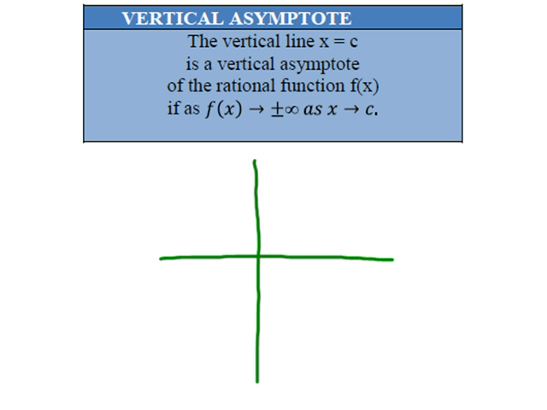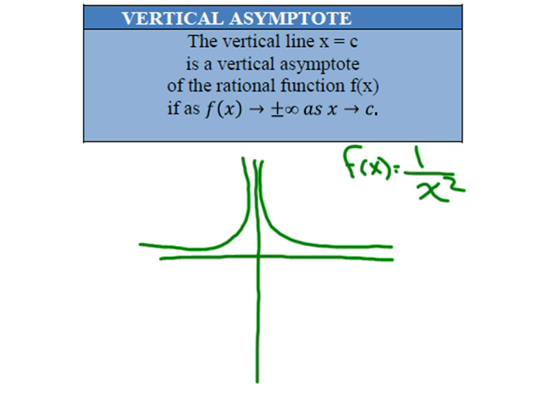and we know the 1 over x squared parent function has asymptotes at x equals 0 and y equals 0. Now if you look at x equals 0, we see that vertical line.